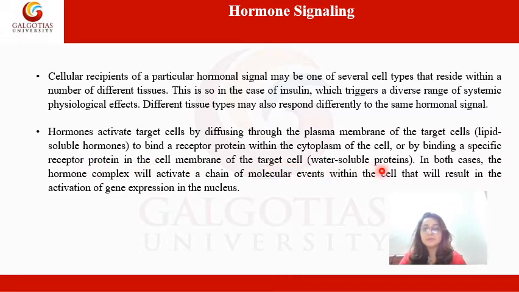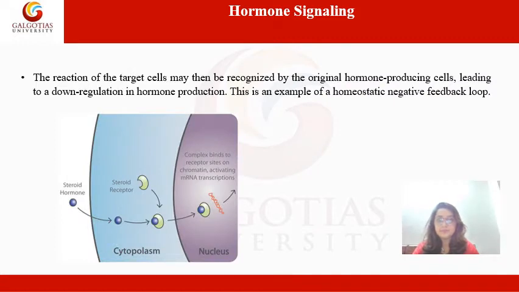In both cases, the hormonal complex will activate a chain of molecular events within the cell that will result in the activation of gene expression in the nucleus. The reaction of the target cells may then be recognized by the original hormone-producing cells, leading to a downregulation in hormone production. This is an example of a homeostatic negative feedback loop.